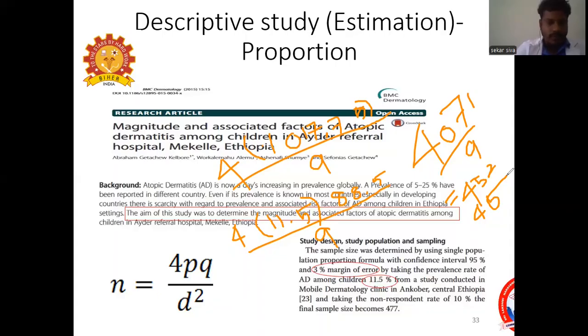So we are taking 477 as the total sample size. Okay.